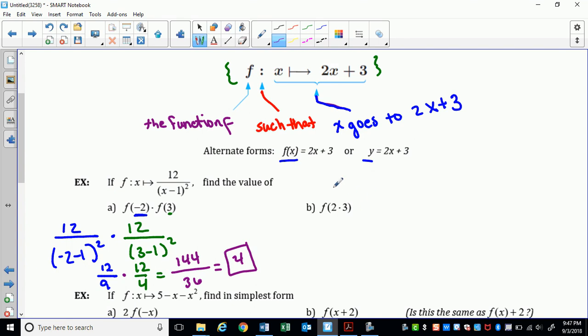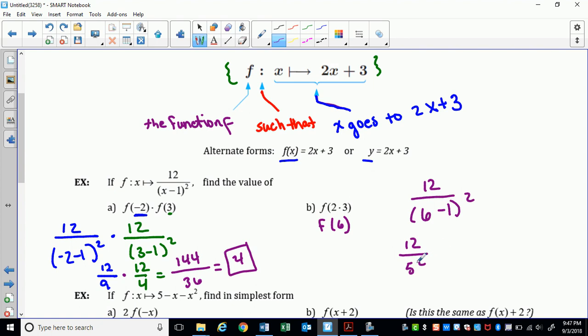Is this the same, or what is f of 2 times 3? Remember, parentheses are first. 2 times 3 is 6. So they're asking us, what is f at 6? This is really what they're asking us. Well, we've got to plug it into the whole function. Our function is 12 divided by x, which is 6, minus 1, quantity squared. 6 minus 1 is 5, so I have 12 divided by 5 squared, which is 25, or just put 5 squared.